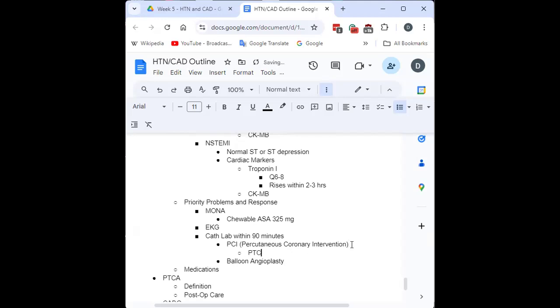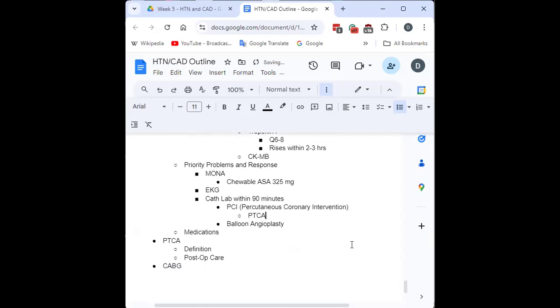You'll usually hear PCI with intervention. Well, because you could have a PCI, but they didn't place a stent because there was no intervention. So you'll hear PCI with intervention, like a stent. An angiogram, whatever you want to say.